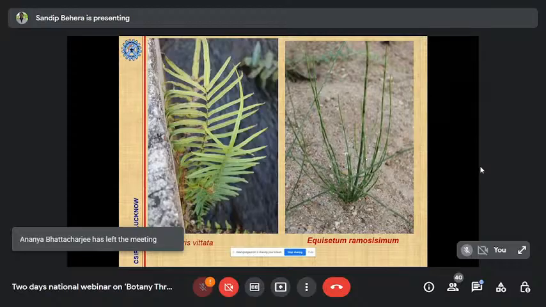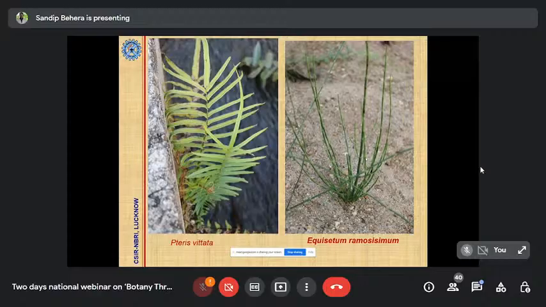Now the question: how to dispose of it? If you burn it, again there is contamination of the soil. If you throw it, again there is contamination of the soil. So it is another area of research: how these metals and metalloids, after accumulation, can be extracted from the plant, and can we convert them to a non-toxic form? This is another challenge.